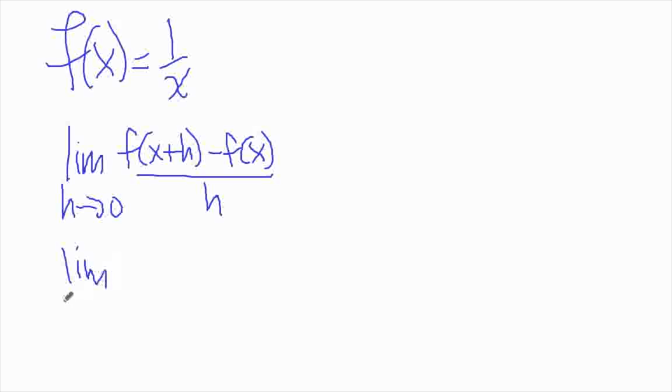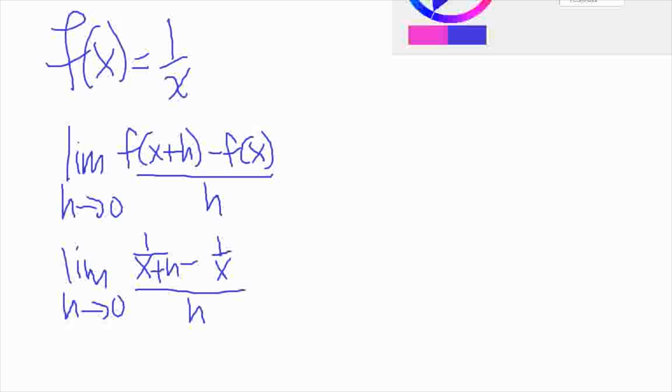So that's going to be the limit as h approaches 0 of 1 over x plus h minus 1 over x, over h. And let me switch colors, and let's multiply by the greatest common denominator, or excuse me, let me multiply by x times x plus h.